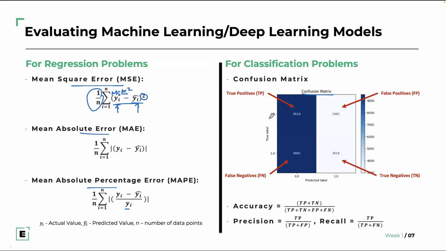So if I have to predict a 0 and my prediction is actually 0, then I say that this many predictions are correct. Similarly, if my actual is 1 and the prediction is also 1, then these are the correct predictions which I made. So this plus this put together are the correct predictions which I made.